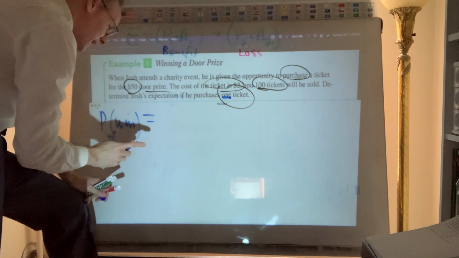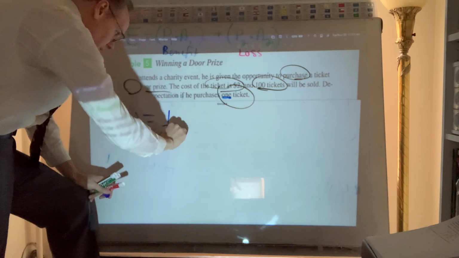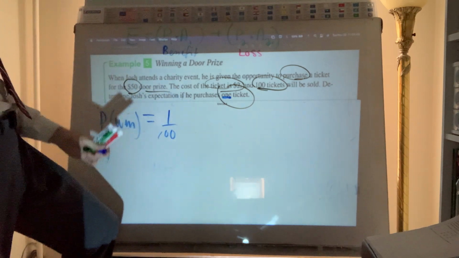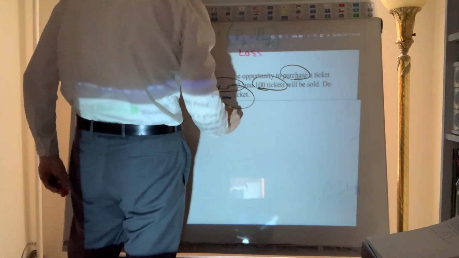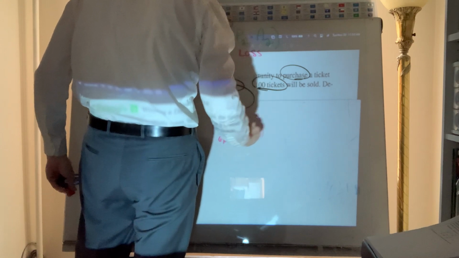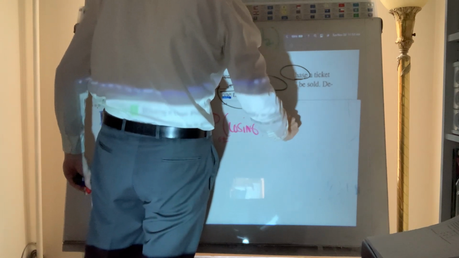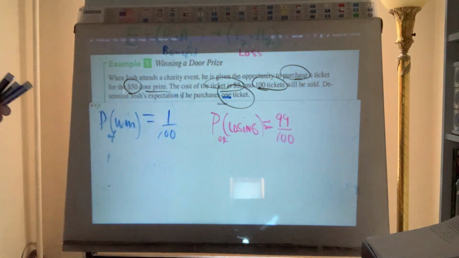So the chances of winning are, if it's a raffle, 1 out of 100 still. The probability of losing is still 99 out of 100. That much hasn't changed.